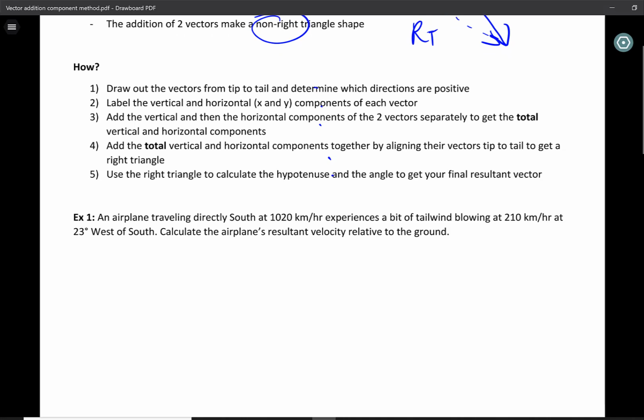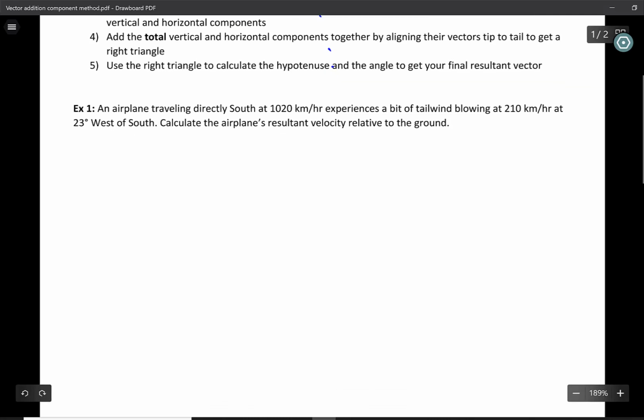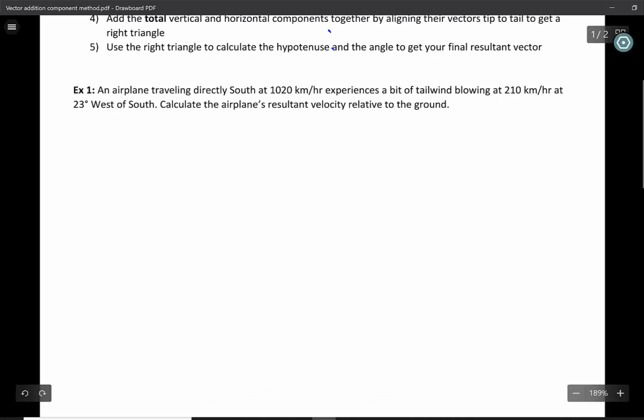Okay, going straight to an example, an airplane traveling south. So let's, of course, first draw a picture. We have an airplane that's going south at 1,020 kilometers per hour.